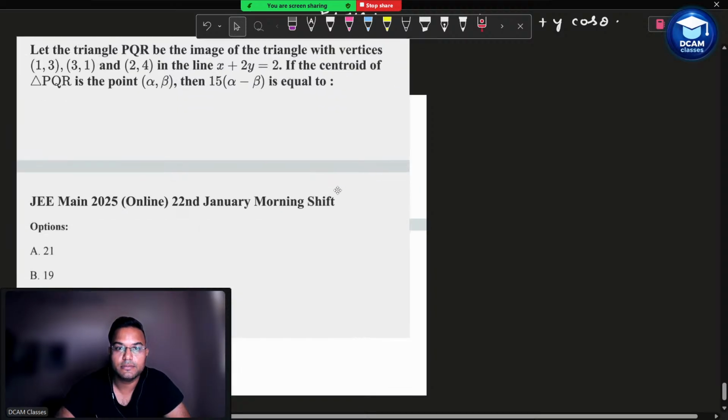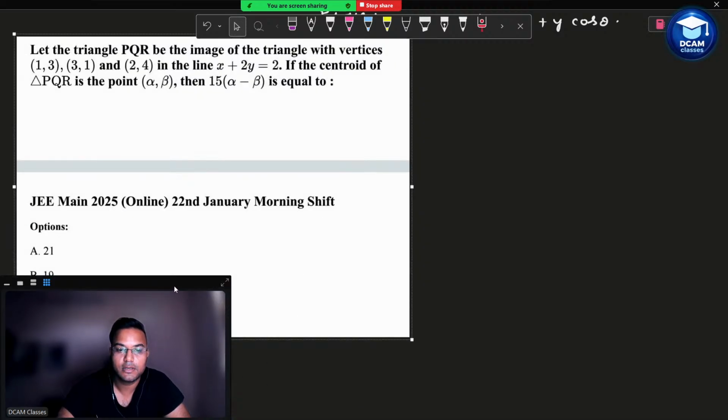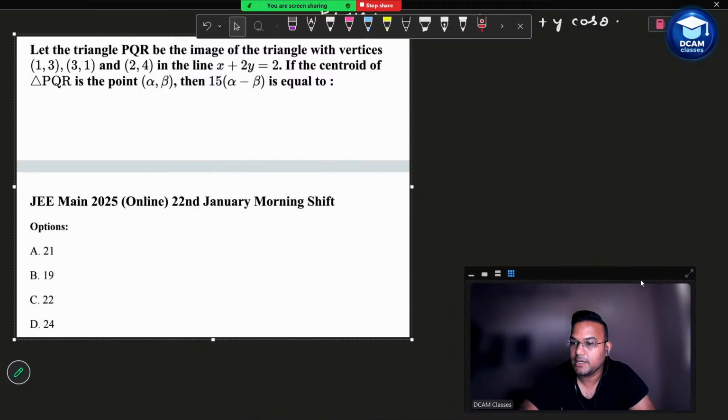If this is the question, just try to understand it first. And tell me if you have any difficulty in understanding this.